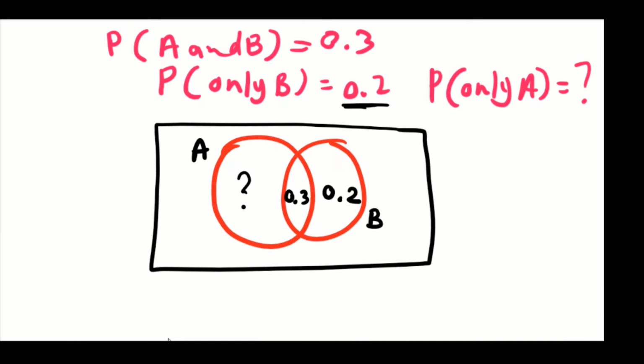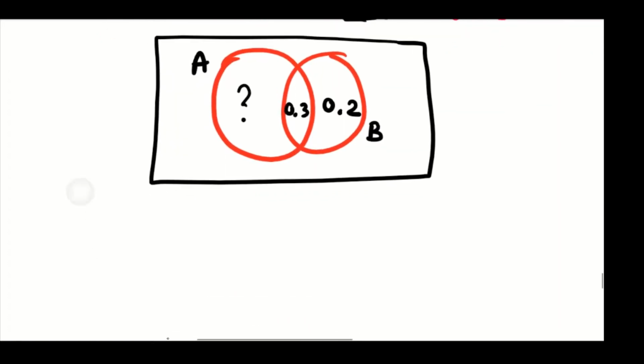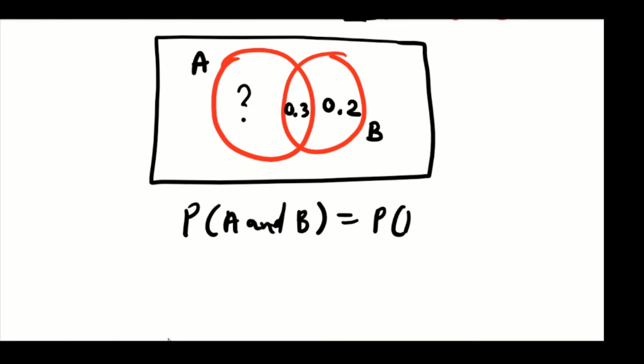So for us to be able to find that, we need to use the product of A and B, right? Probability of A and B is equal to probability of A times probability of B. So we're going to find the probability of A here.